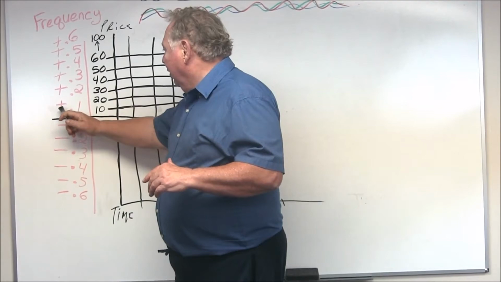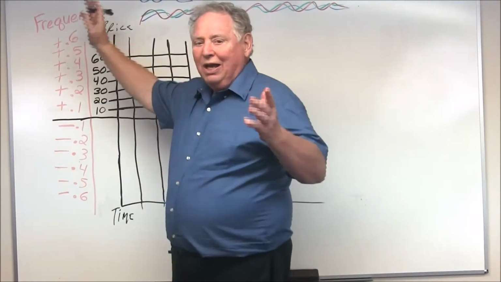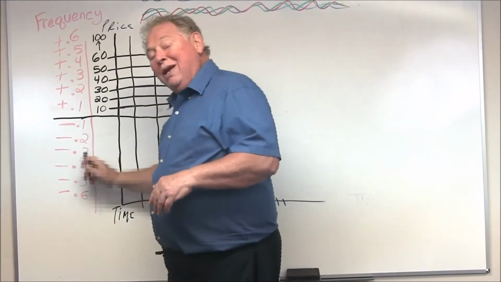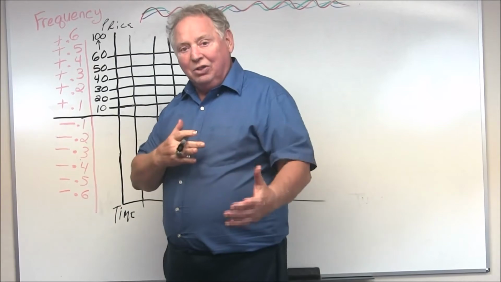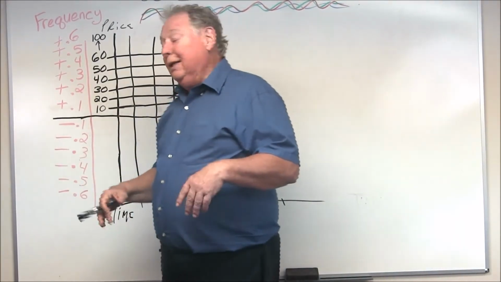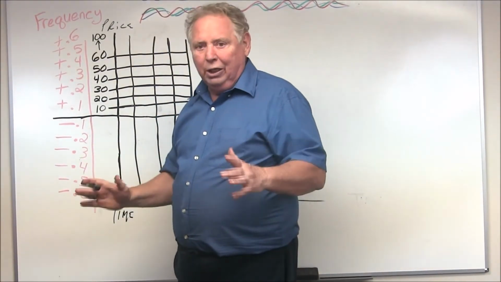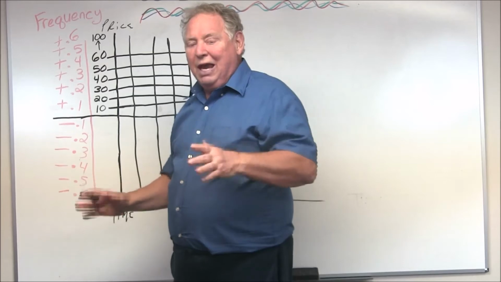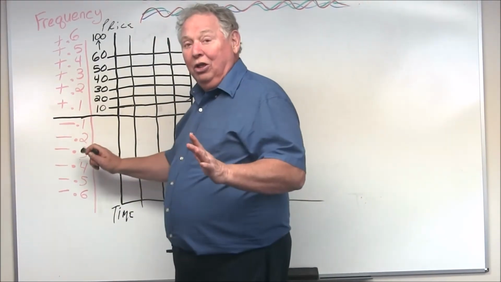So you go from plus 0.1, 1, 2, 3, 4, you can go up as high as you want. And it also has a negative to it, because the frequency could be either positive or negative. Now, most of the time, it is positive, and some of the times it is negative. It doesn't mean anything really in the analysis, except that we need a starting point in order to graph what's going on.